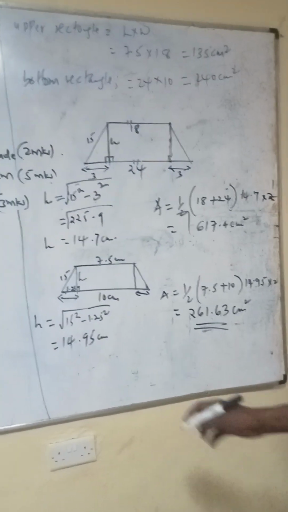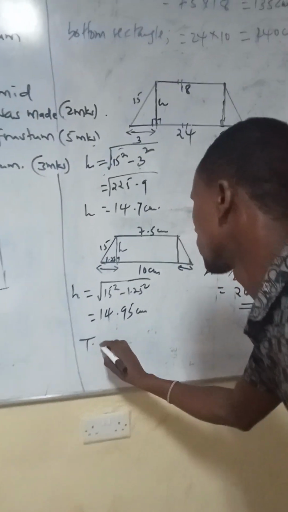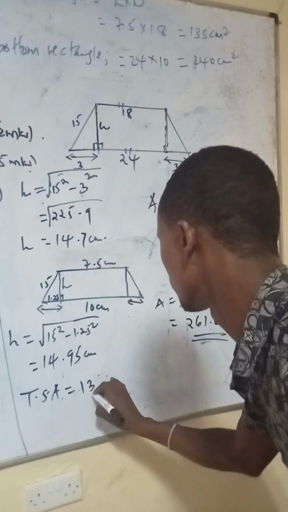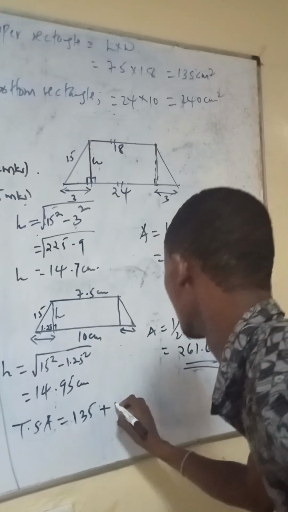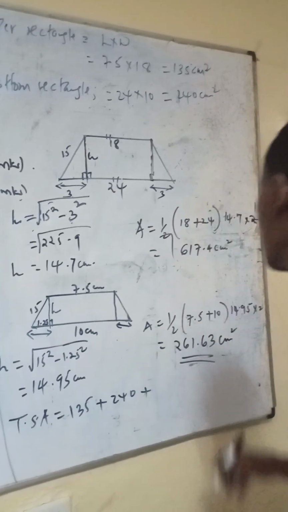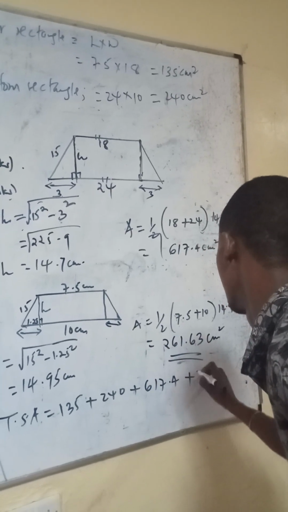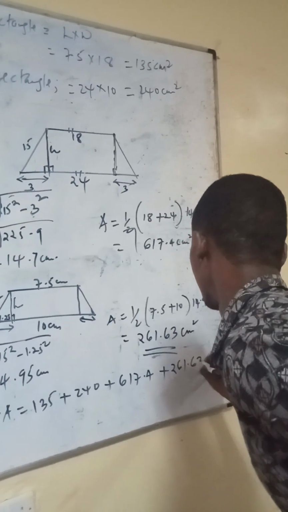And now to get the total surface area will be equal to 135 plus 240 plus 617.4 plus 261.63.